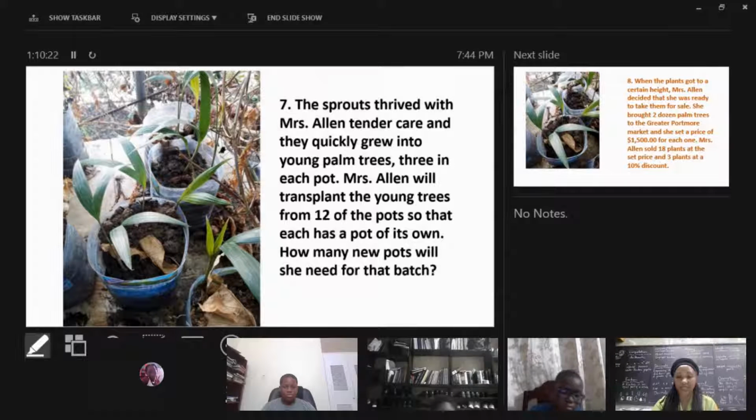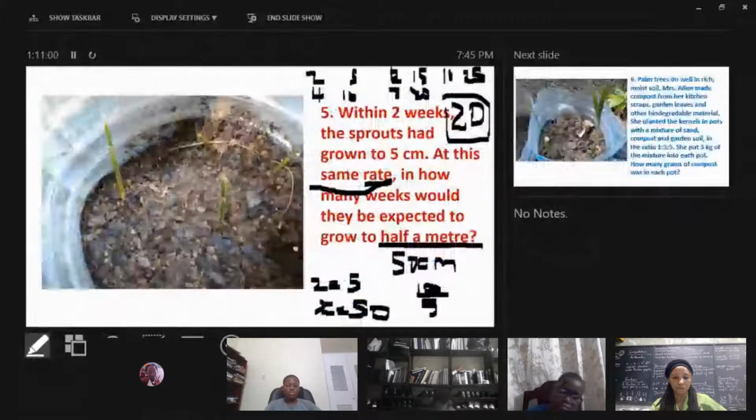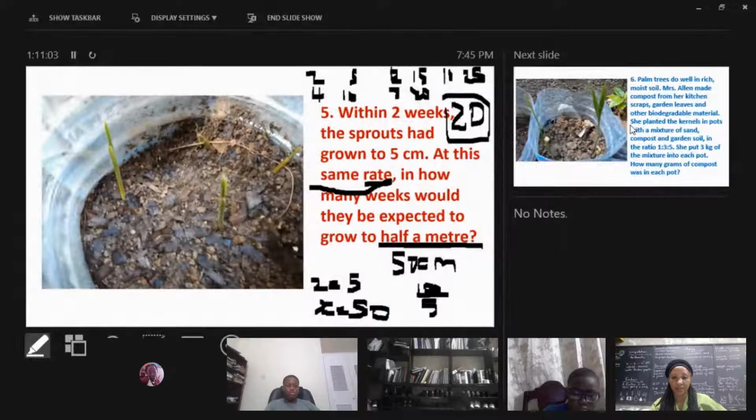So what happens is she's taking the young trees from 12 pots. Let me use a different color. She's taking the saplings or the young trees from 12 pots. And remember, each of the pots had what? Three growing in them, right? Let's double check. That's what it had said. Which one told us how many was growing?